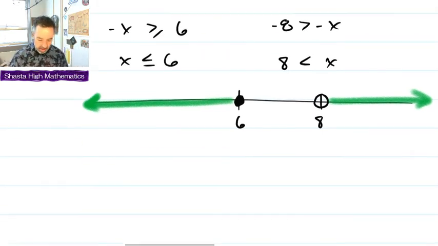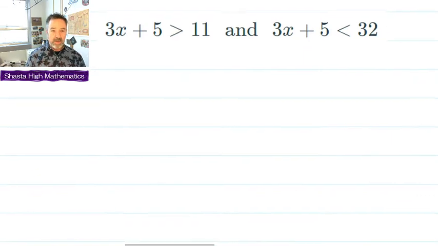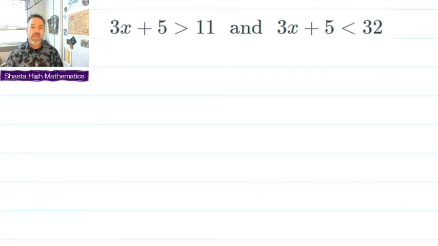One more thing I want to look at is this one that's joined by "and". When we get our solution for "and", as I mentioned in class yesterday, you can join this together as one big compound inequality without the word "and" in it. It's just important that when you do that, you start with the smallest number, then your x, and then your larger bound.